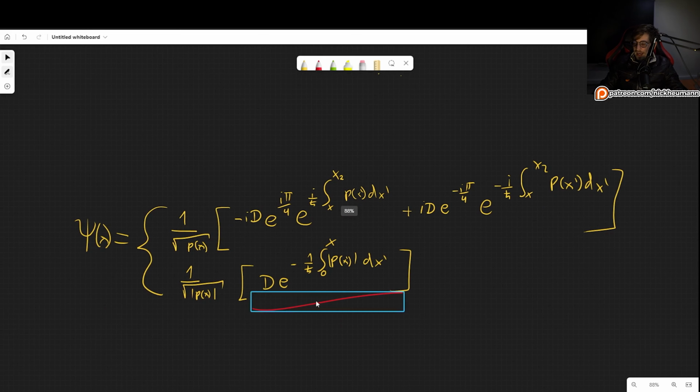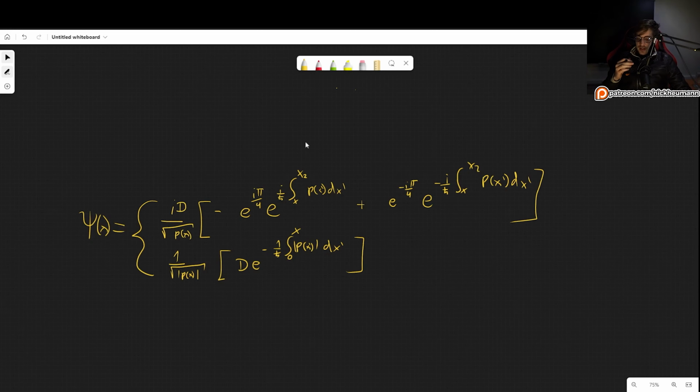Okay, and well, we don't need to change this other one, but what we have up here? So notice we can factor out the i's and the d's, so we can factor out id. Now, how can we further simplify this?